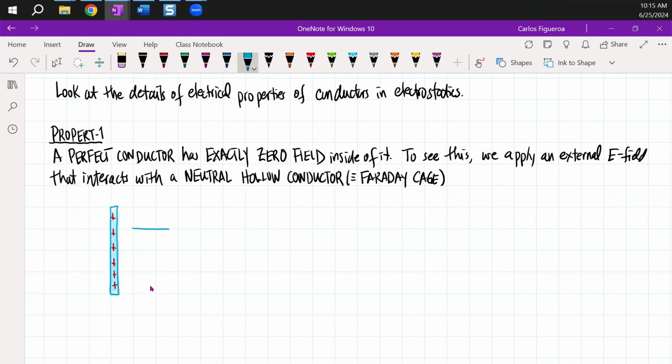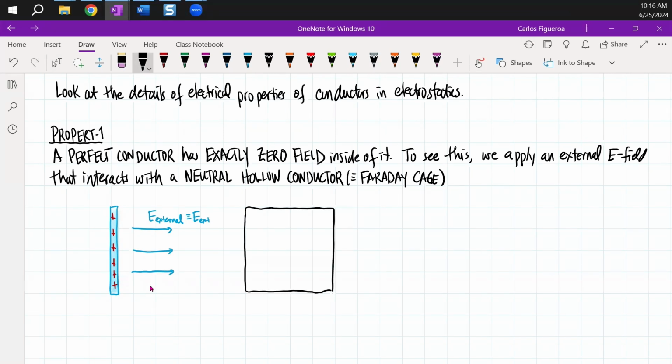So I'm seeing a uniform electric field everywhere, and I'm going to say that this is the external field, which I will write as E ext. Now, I'm going to place a hollow conductor here. So this thing starts off neutral.